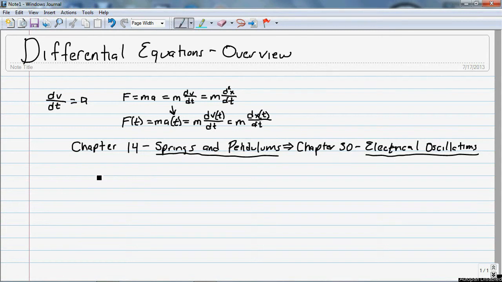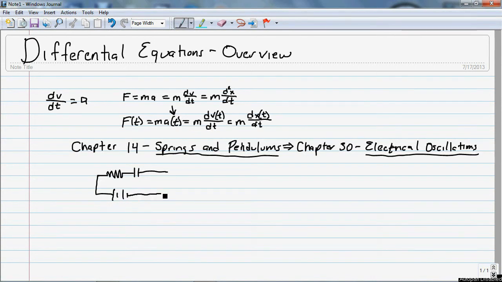We're also going to be getting into some first order differentials, and that's going to be when we talk about a capacitor that's charging. So just as an overview, let's say you have some resistor and a capacitor, and that's hooked to a battery.